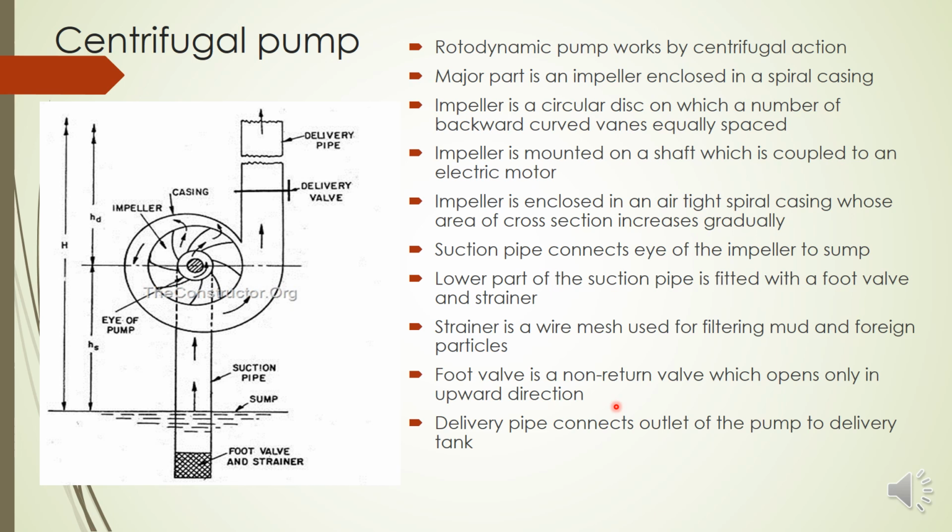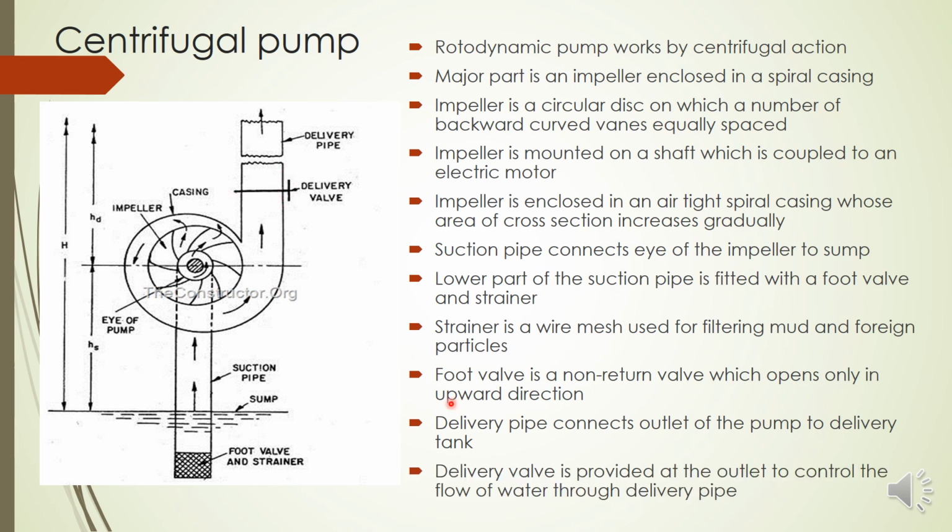So we can vary the flow. Here we can control the delivery valve. If you want, we can close or open it or change the flow. So we can control the flow of water using the opening and closing of the delivery valve. So these are the parts: impeller, spiral casing, suction pipe, foot valve and strainer, delivery valve and delivery pipe.